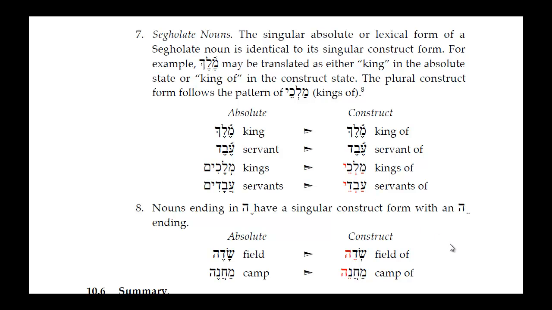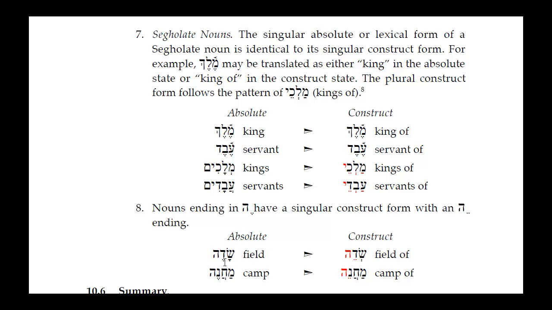So like I said, learning those vocalization patterns on the segholate nouns is very important. You'll notice that, and you'll see them so often it will become part of you. Recognize that whenever you see a tsere yod at the end of the word, that is masculine plural construct. Every time. Nouns ending in segol hey have a singular construct form which turns into a tsere hey. For example, we have the word sadeh for field.